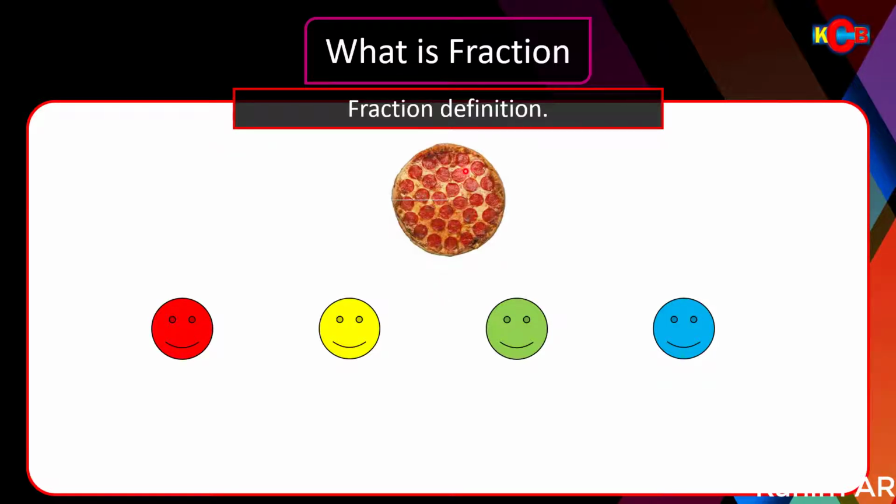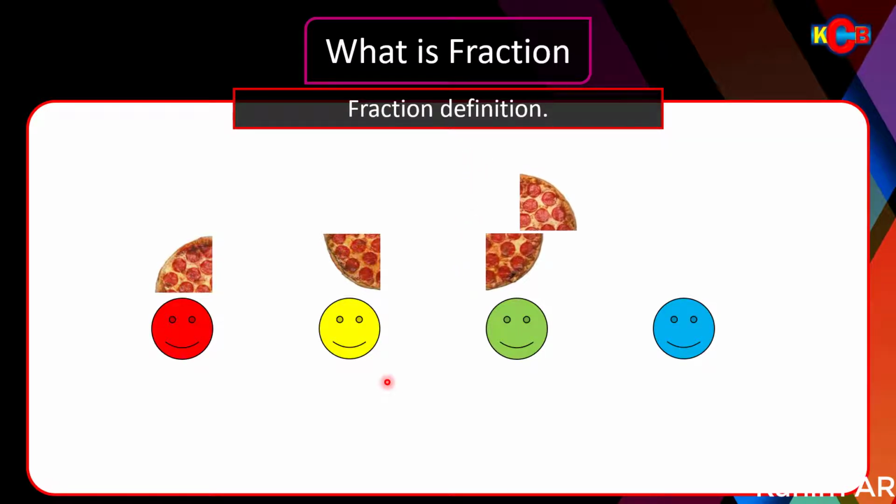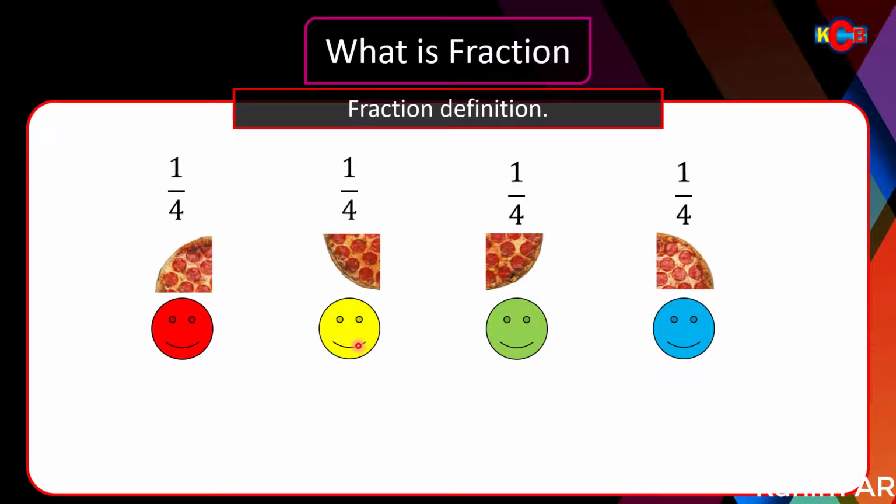Thus, they slice the pizza into 4 equal parts. Now, each of them got a piece of pizza like this. After they sliced the pizza into 4 equal parts, each of them got 1/4 of the pizza.